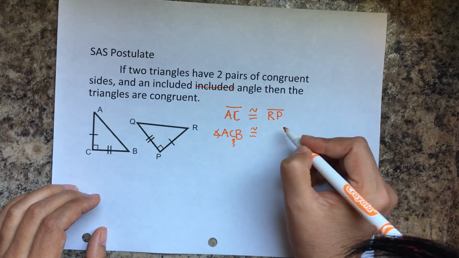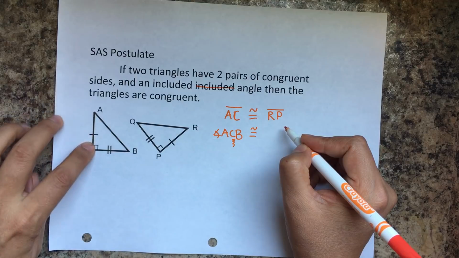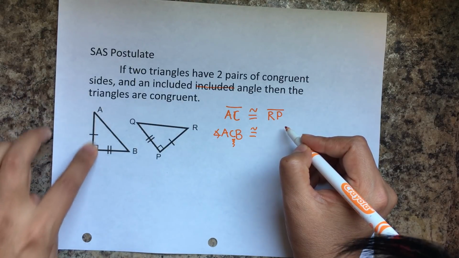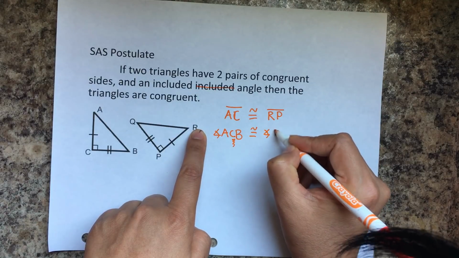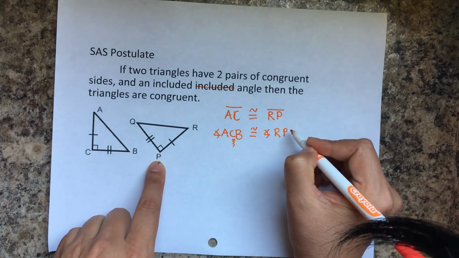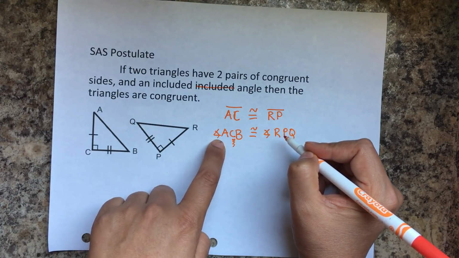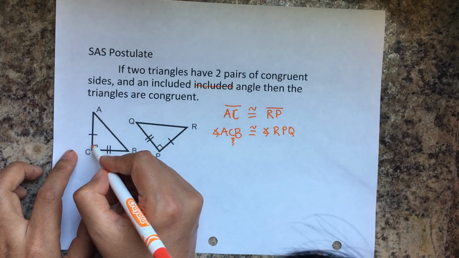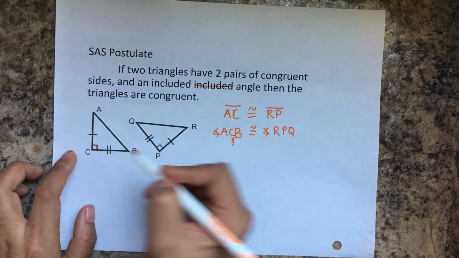Is congruent to angle. Since I start over here where the side has one marking, I'm going to start over here with RPQ. Okay, so this is the angle. It's talking about this angle right here formed by these two lines.